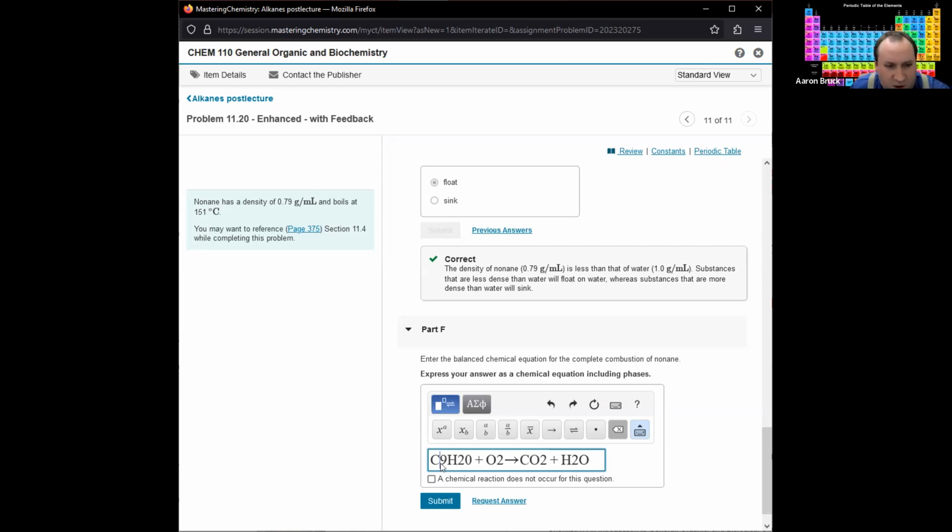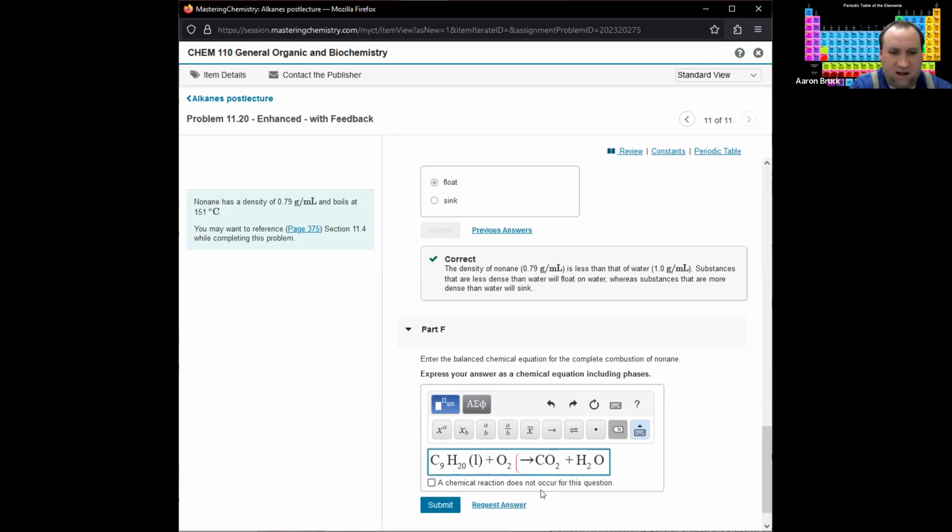And not only do they want all of that, they also want you to put in the phases of matter, which is, we know this is a liquid. Oxygen is a gas. Carbon dioxide is a gas. And water, when it comes to combustion reactions, is also a gas.